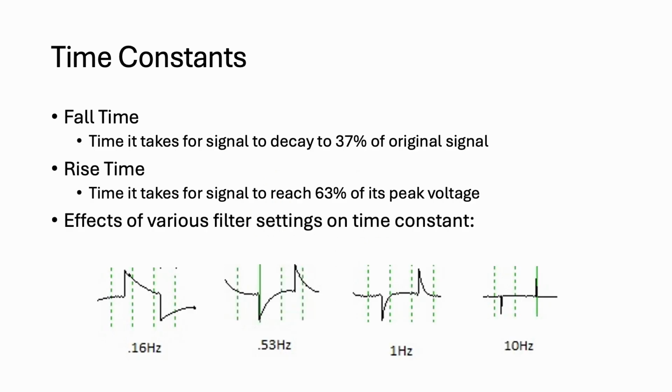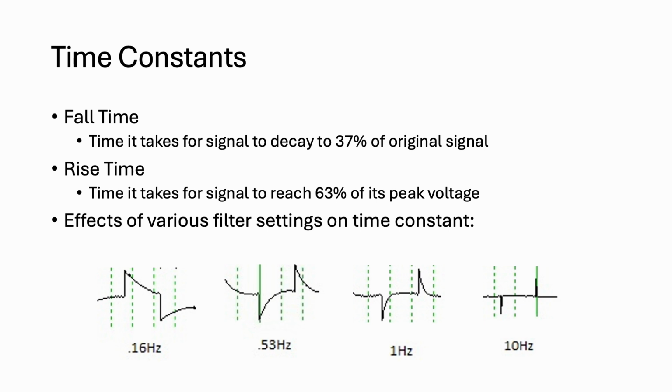The fall time constant is the time it takes for a signal to decay 37% of its original voltage. The rise time constant is the time it takes for the signal to reach 63% of its peak voltage. Notice that higher filter cutoff frequencies settings result in a lower fall time constant and vice versa.